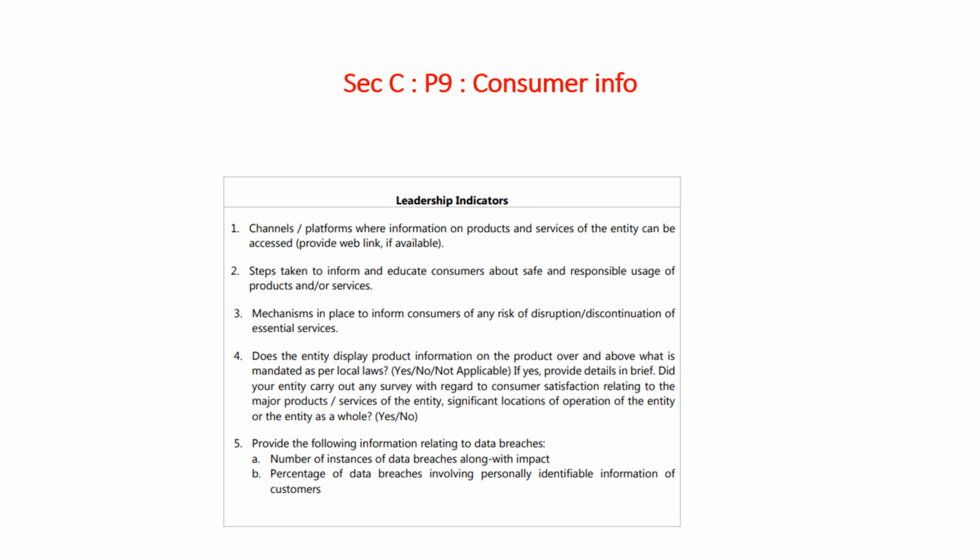Next is about whether the entity displays product information on the product over and above what is mandated by law. If yes, provide details in brief. Did your entity carry out survey with respect to consumer satisfaction relating to major product and services and significant locations of operation of the entity? And was there any data breach? If it was there, then the details have to be provided here.